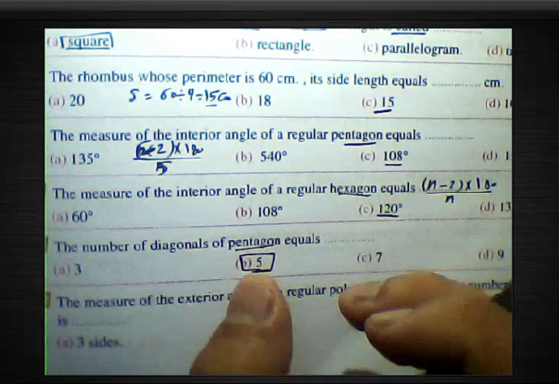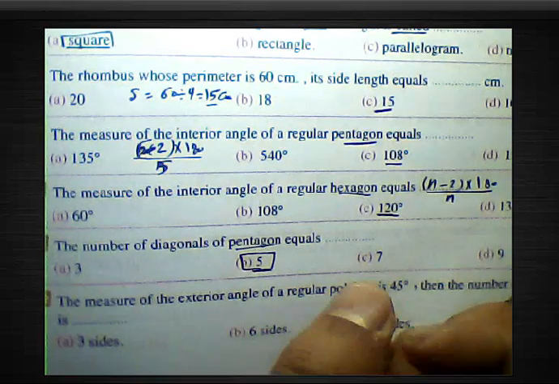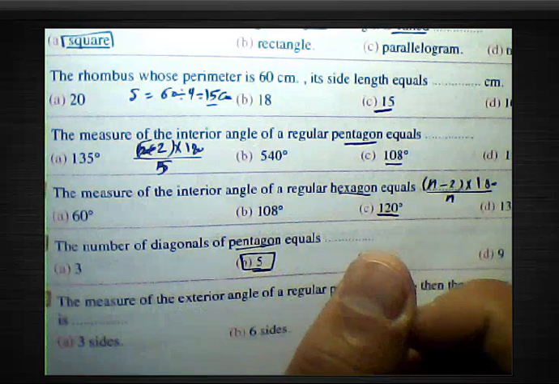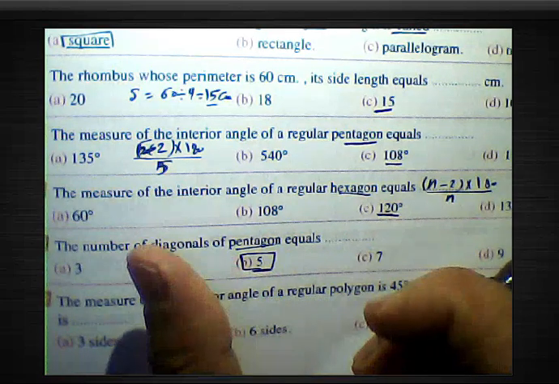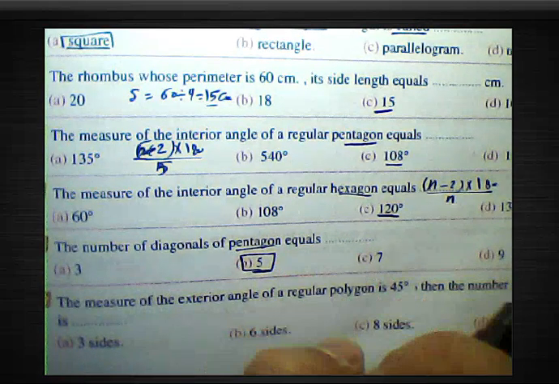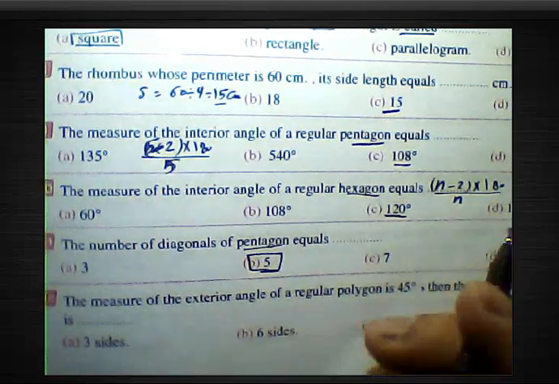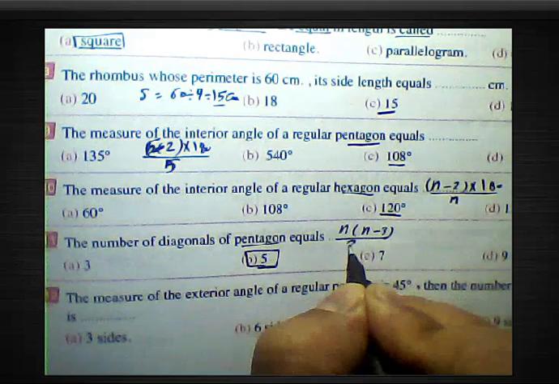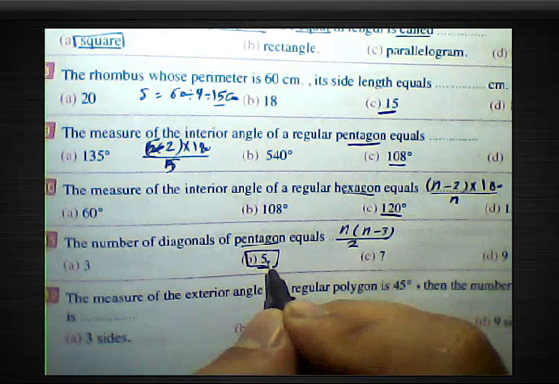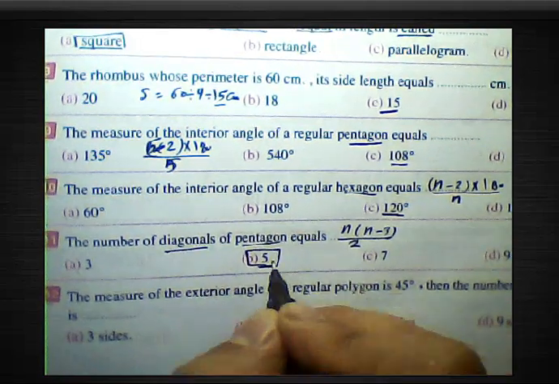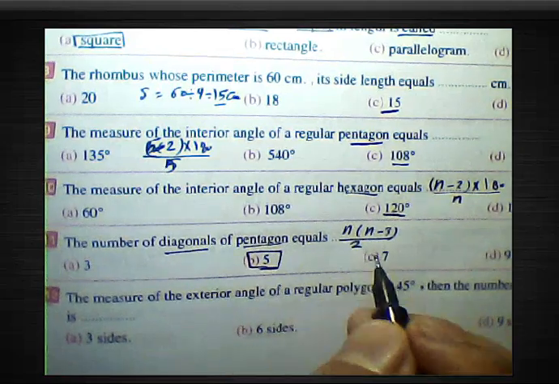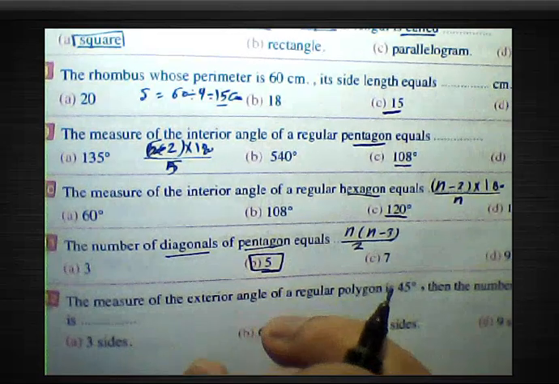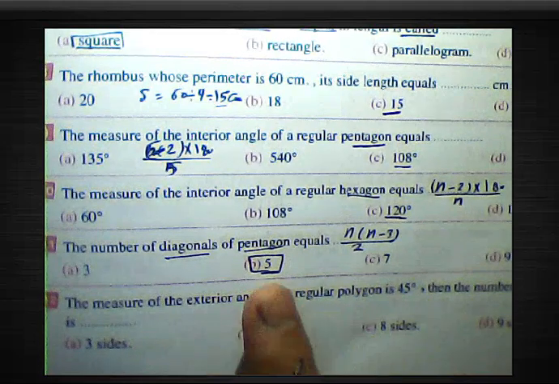The result will be the pentagon, because the number of sides equals the number of diagonals. Or you can use the rule n times (n minus 3) over 2 to find the number of diagonals in a pentagon. It will be 5.